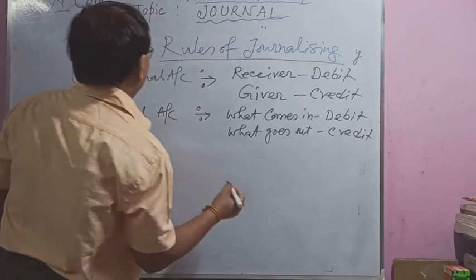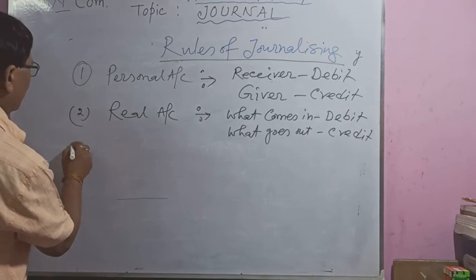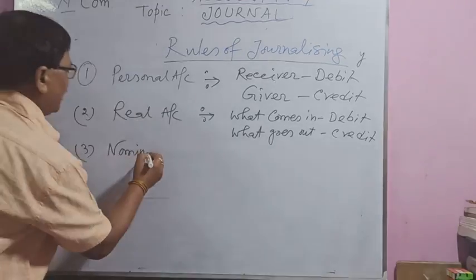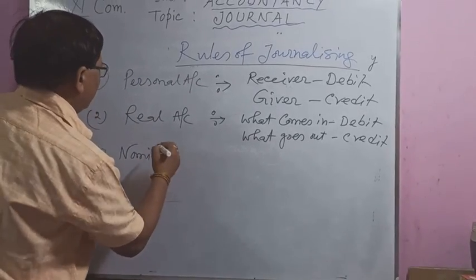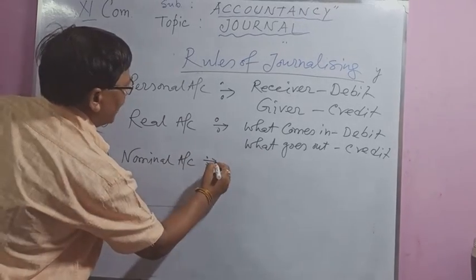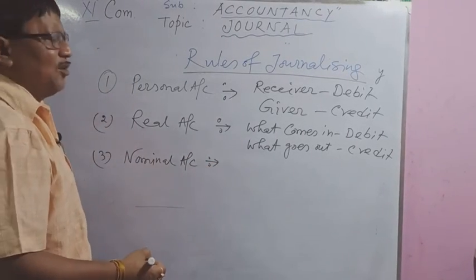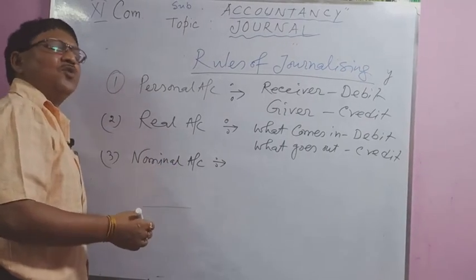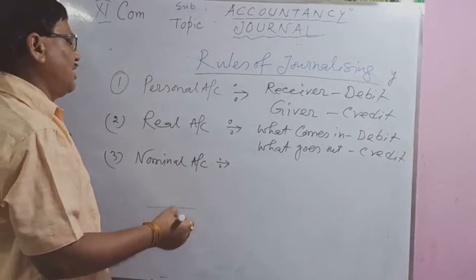Then another account, nominal account. Except personal account and real account, other accounts are known as nominal accounts. Only expenses, losses, income and gains are recorded under this nominal account: wages, salary, rent, insurance, etc.